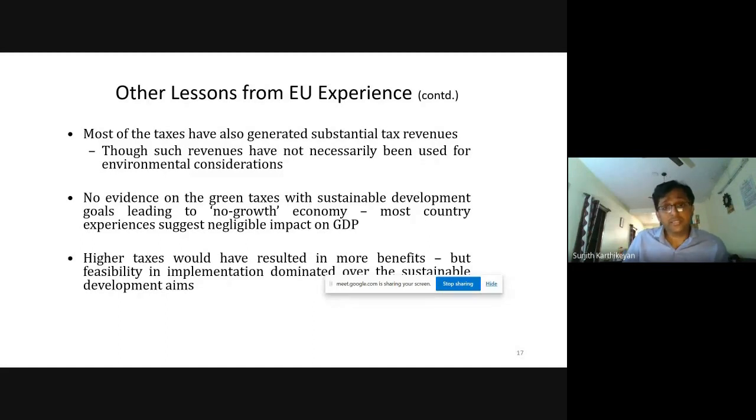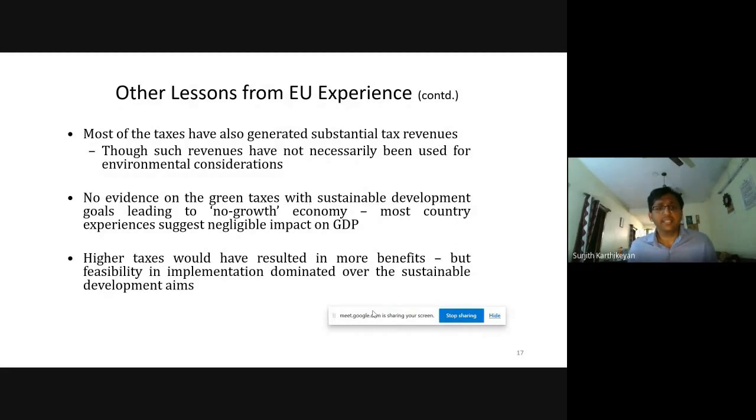And there might be some perception that once we impose eco tax, it might affect growth. But studies conducted in developed countries show no evidence of green tax leading to reduction in growth. It has only a negligible impact on GDP. Higher taxes would have resulted in more benefits, but feasibility and implementation dominated over the sustainable development aims. So these are some of the lessons.